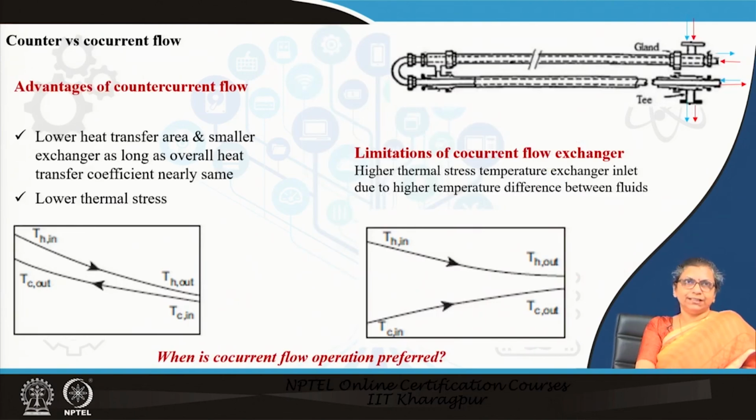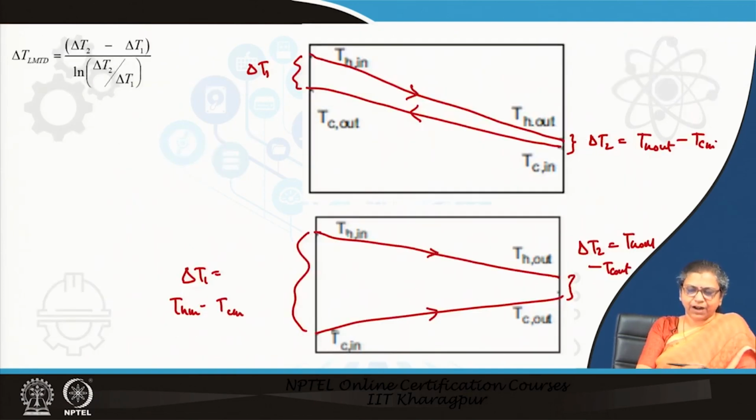Now, tell me one thing. We have been repeatedly telling you that unless otherwise mentioned we go for counter current flow. Can you tell me why, just by looking at this particular graph, we prefer counter current flow?